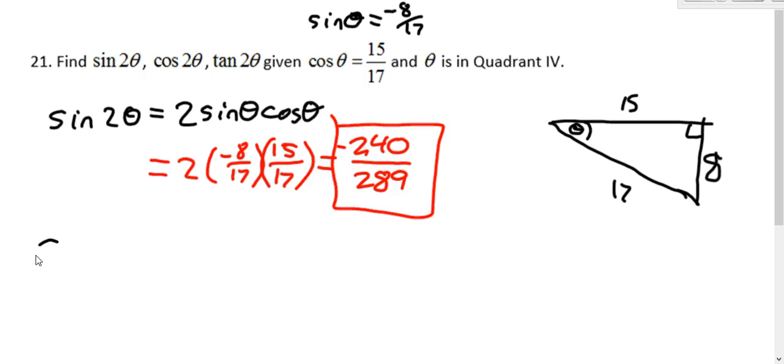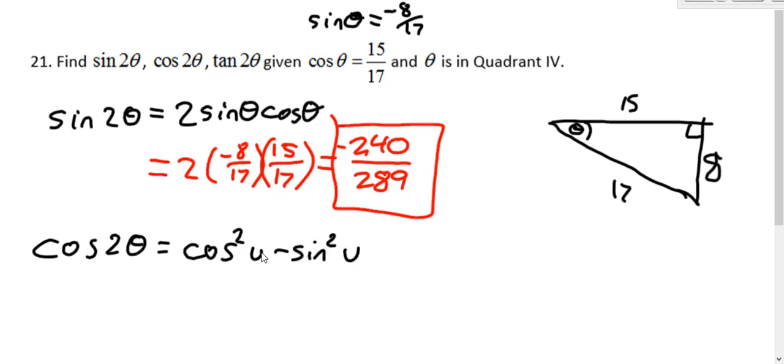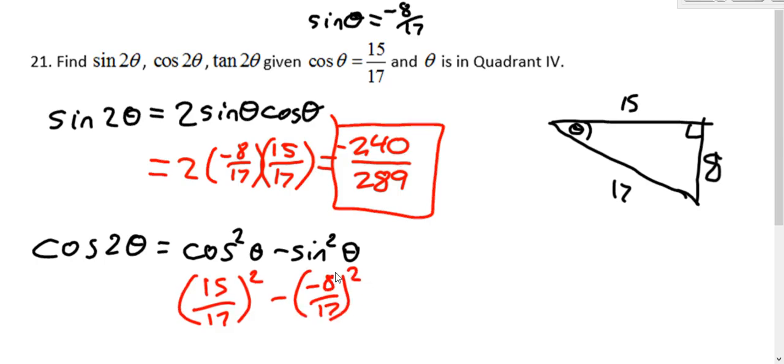We need the formula. It says cosine squared minus sine squared. Cosine squared, so that's 15 over 17 squared, minus sine squared, which is negative 8 over 17 squared.